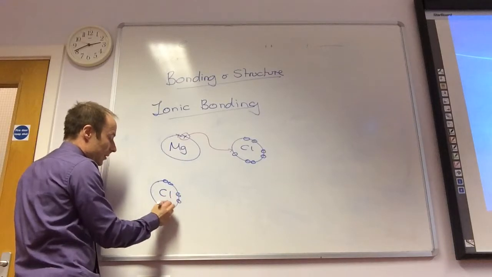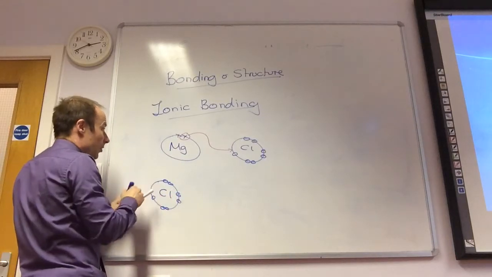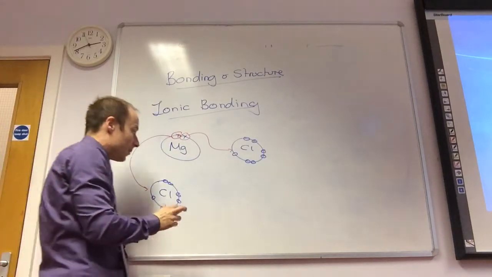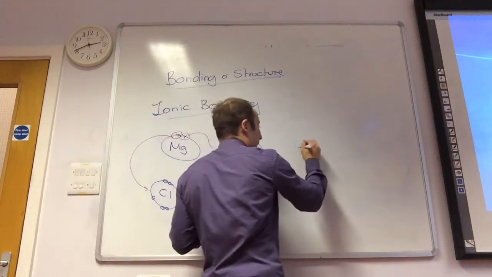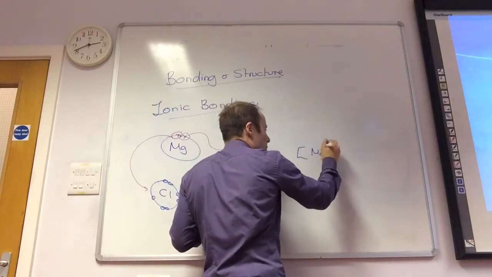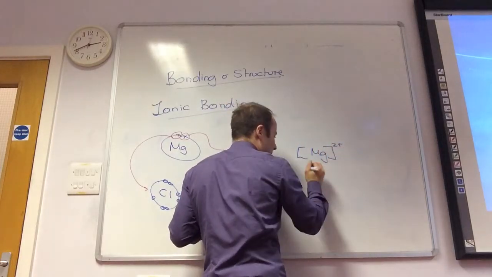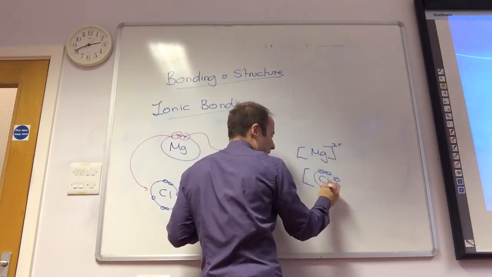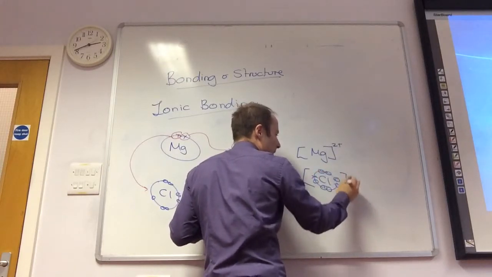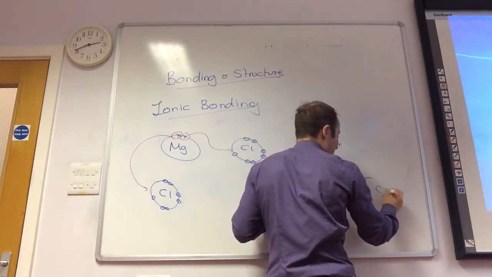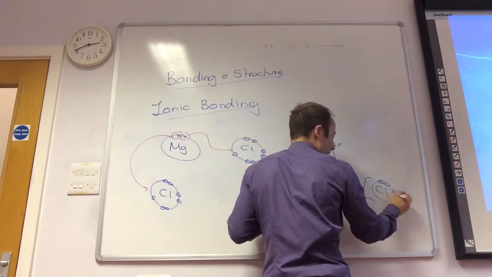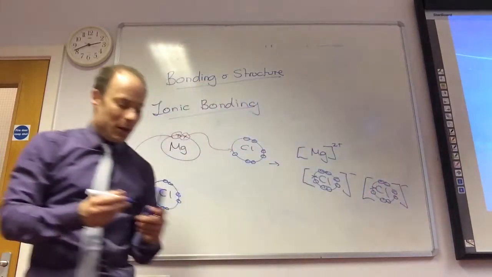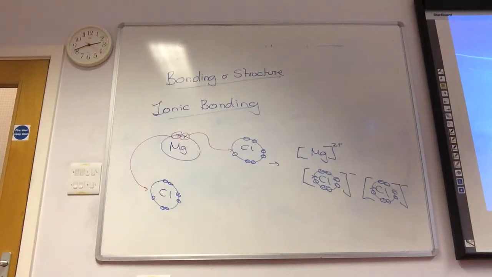And then that electron can go there. So I end up with Mg, which has lost 2 electrons, so 2 plus, and I'm going to have 2 chlorides, each with a minus charge, like so. So as long as you do the basic ones, you're okay.